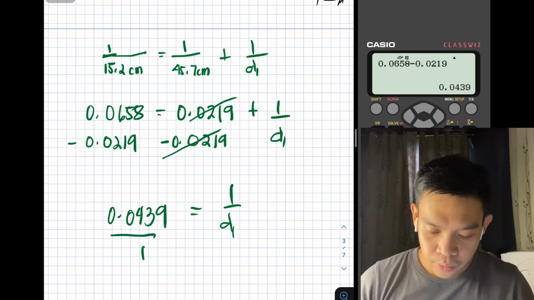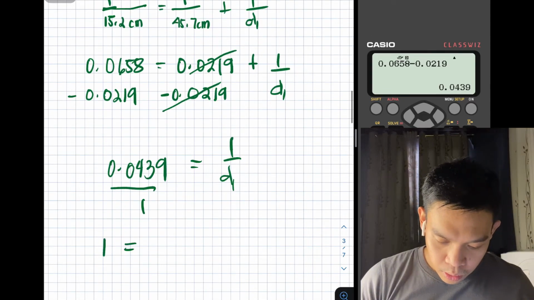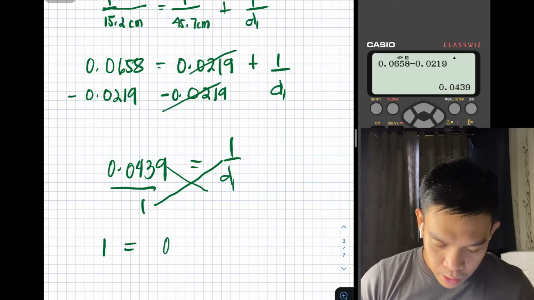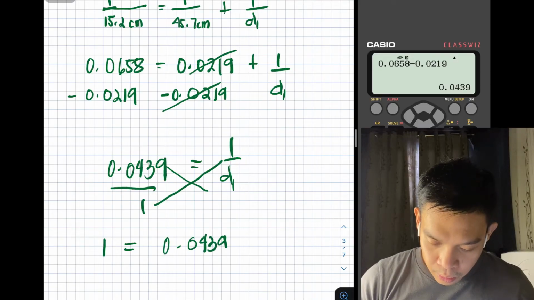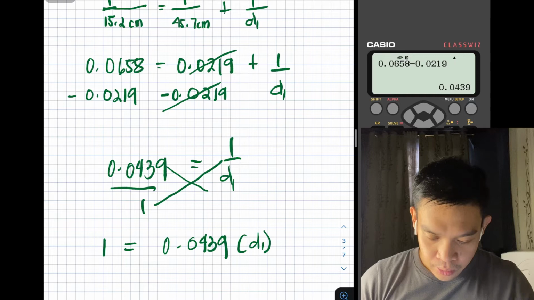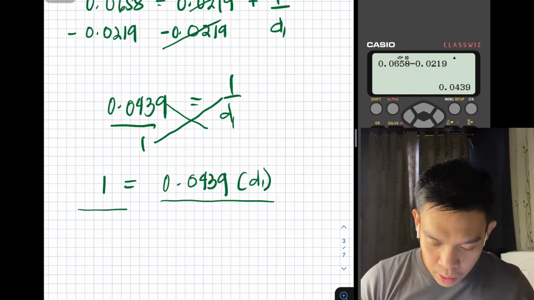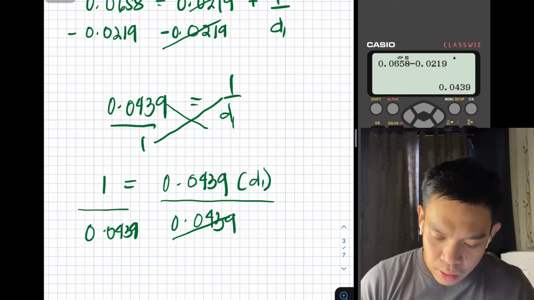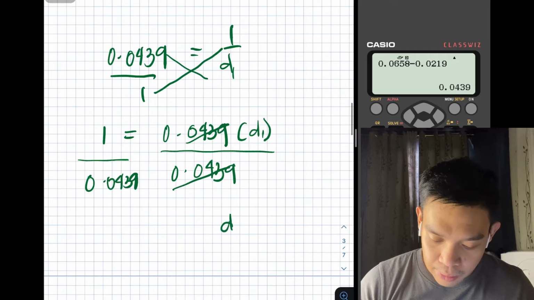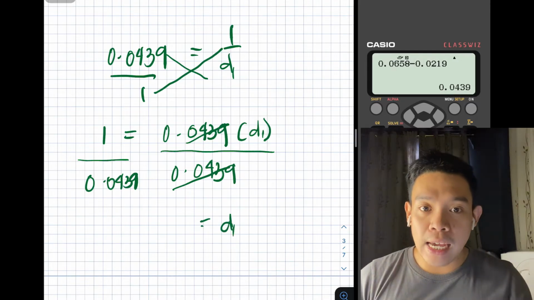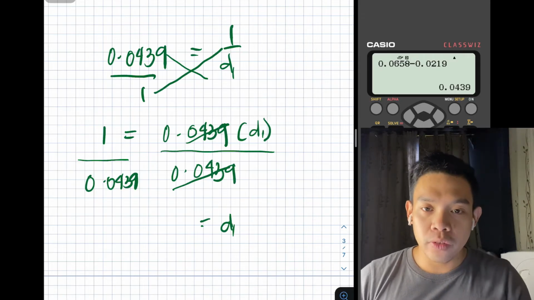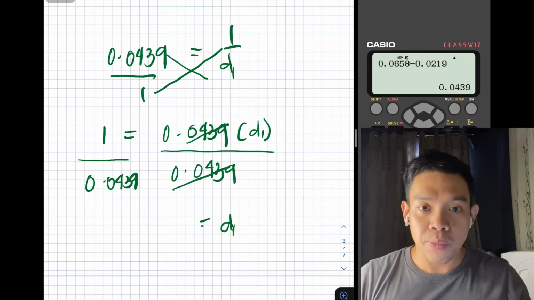Over 1. So 1 over 1 is equal to, cross multiply, 0.0439 multiplied by DI. Dividing both sides of the equation by 0.0439 cancels it out and gets the value of DI, because we are only looking for DI, or image distance, not 1 over DI, which is the inverse of the image distance.